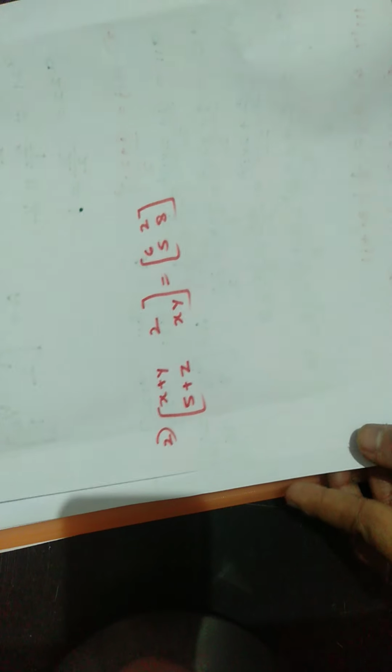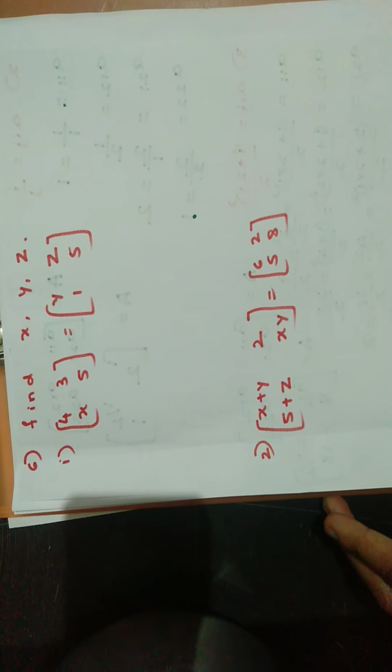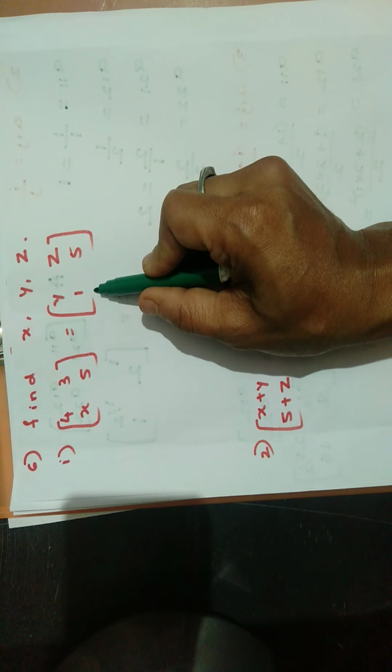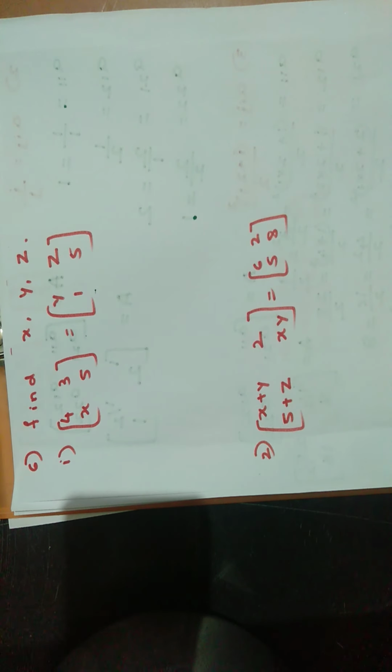Next we have the sixth example. Find x, y, z. So listen carefully. Here two matrices are given, with an equal sign in between. Last class we studied the equality of matrices.